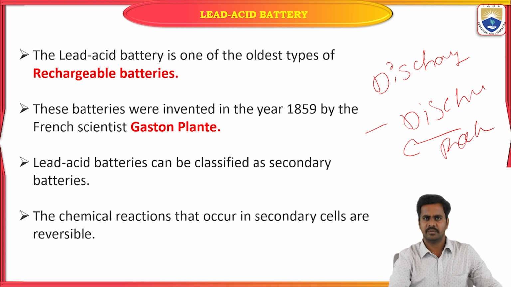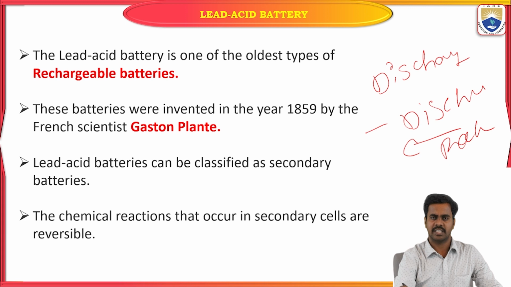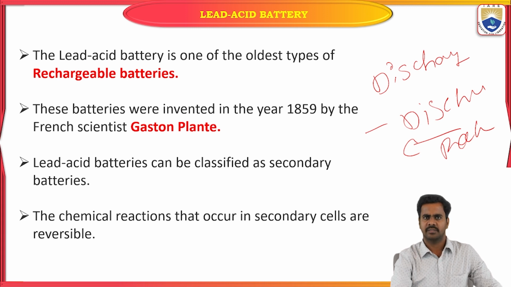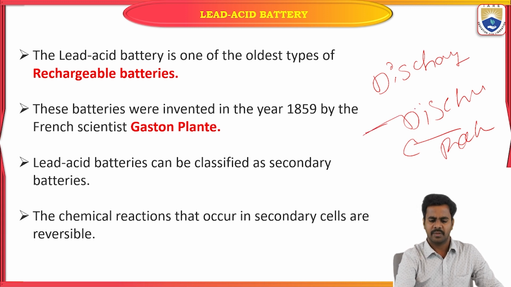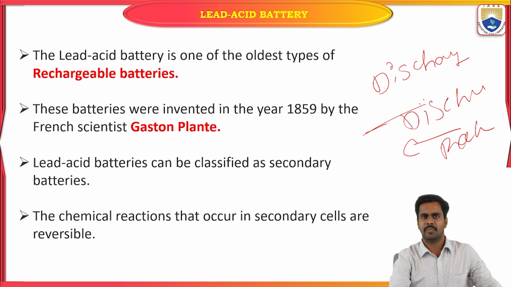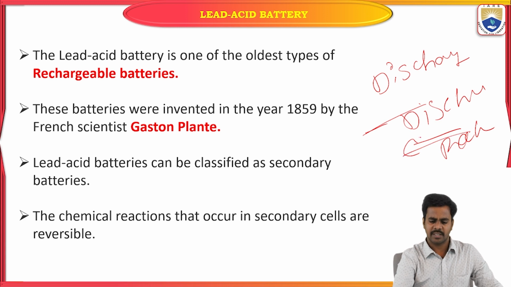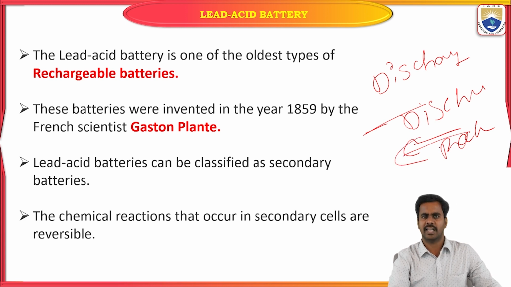When the battery acts as discharging, it is an example of an electrochemical cell. During the discharging process, the battery acts as an electrochemical cell, whereas during the recharging process, the battery acts as an electrolytic cell.